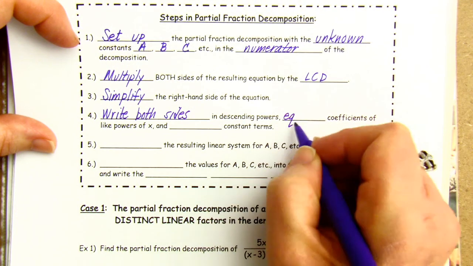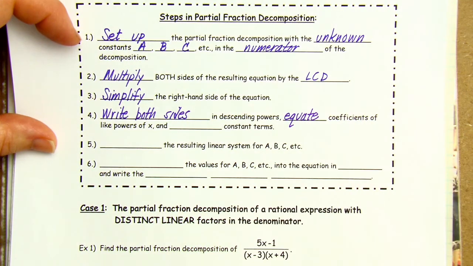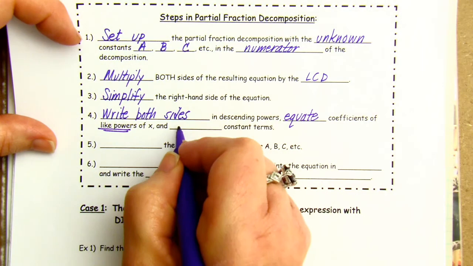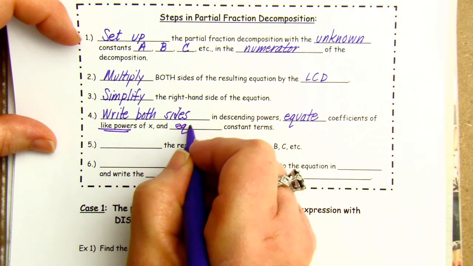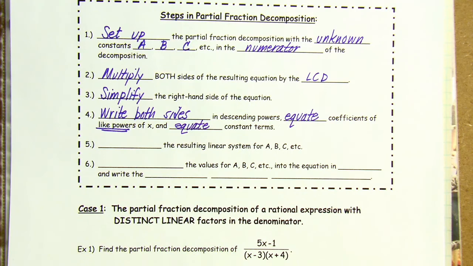And equate, which means set equal to each other, coefficients of like powers of x, and equate constant terms. Solve the resulting linear system for A, B, and C, etc.